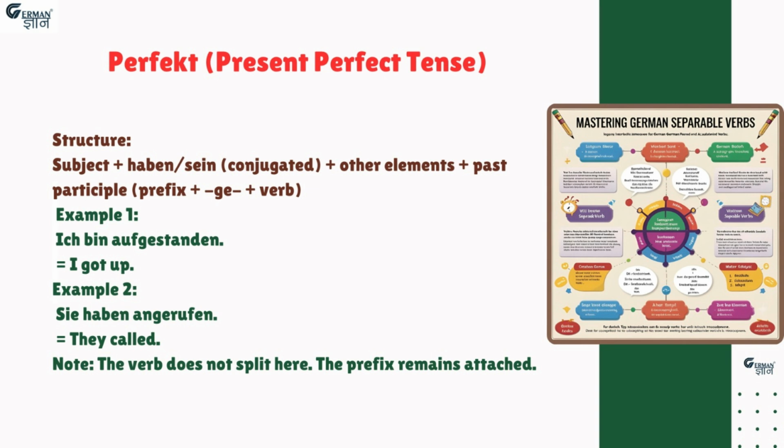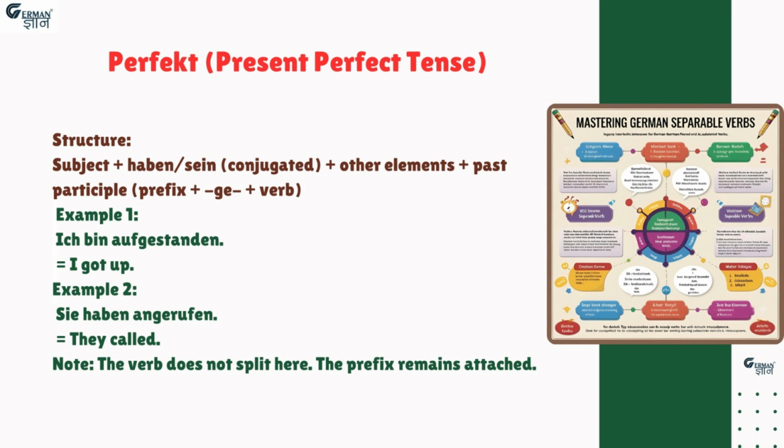Now look at the example to understand it more clearly. The example is Ich bin aufgestanden, means I got up. So ich is the subject, bin at the second place because aufstehen takes the sein verb at the second place in perfect tense, and aufgestanden is the past participle of aufstehen.